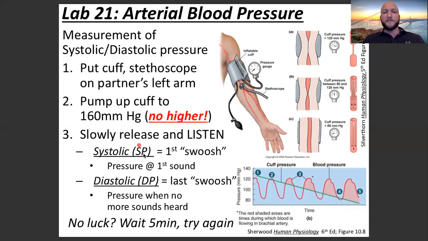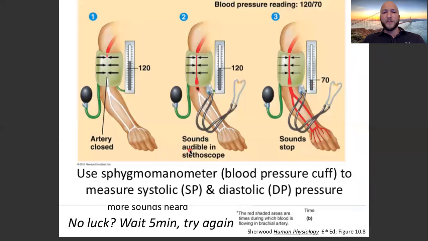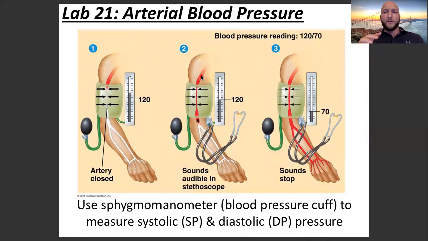That first sound is going to come when, so we have a range in blood pressure, right? 120/80. It's fluctuating between 120 and 80 or wherever that person's blood pressure is. At the high point, like the 120, at that point, the pressure in the artery is able to overcome the pressure in the cuff.